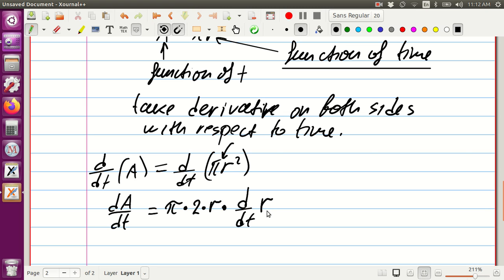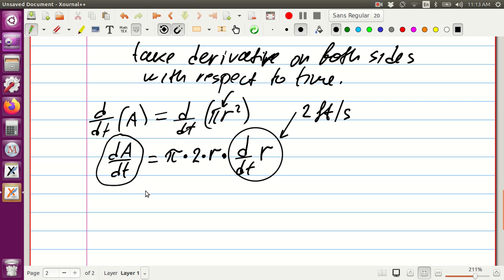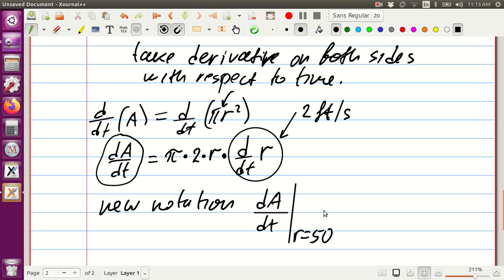So let's try to see what we know and what we need to find. We need to find the derivative of the area with respect to time, and we know dr dt is equal to 3 feet per second. Alright, so let's use the new notation: the derivative of A with respect to time evaluated when r is equal to 50.